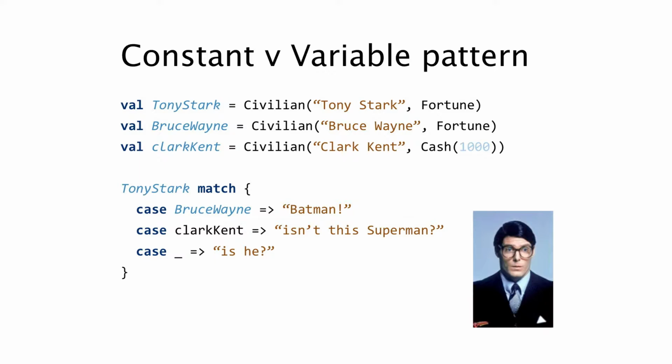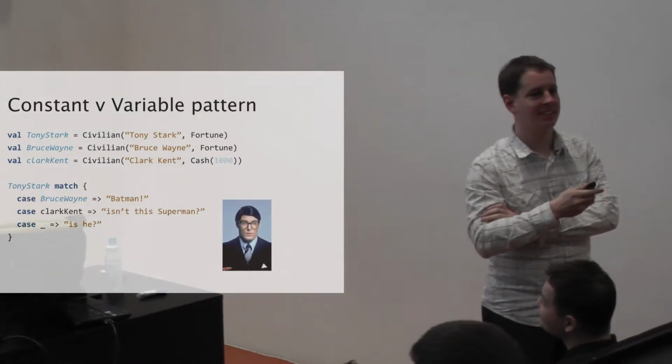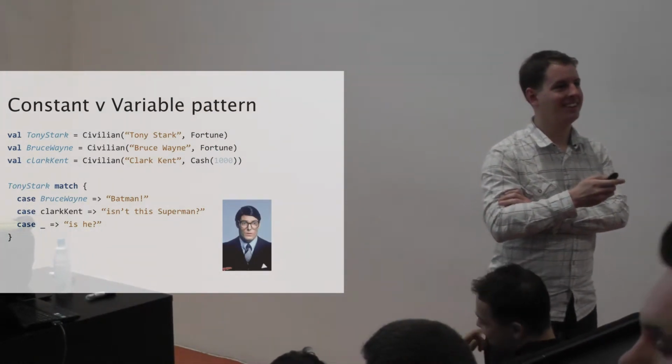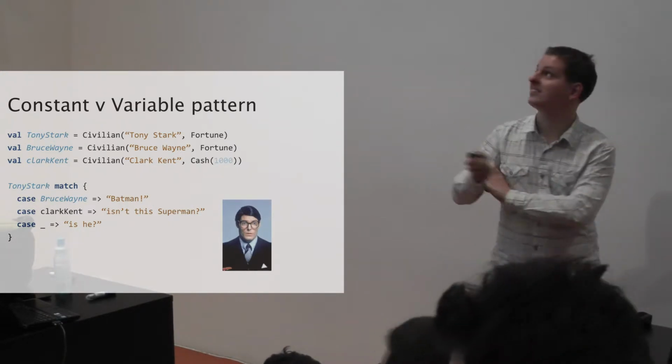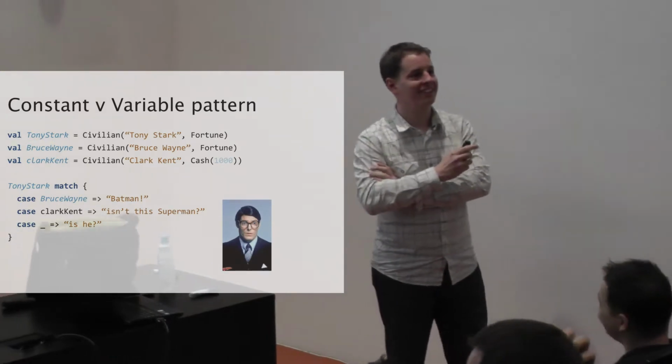Lexically, it is an identifier again. How the hell does the compiler know if this is a constant pattern, this is a variable pattern? Something doesn't add up here. Yes, I have made this italic and blue, but the compiler doesn't really know that.